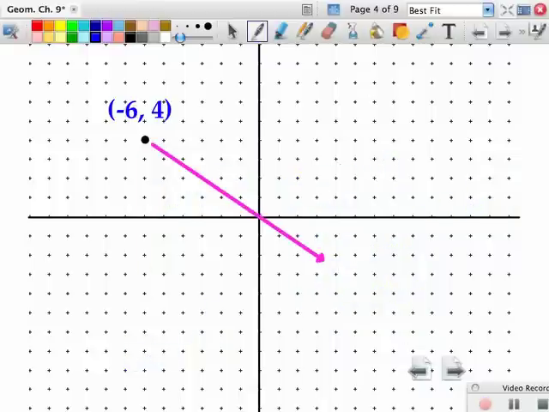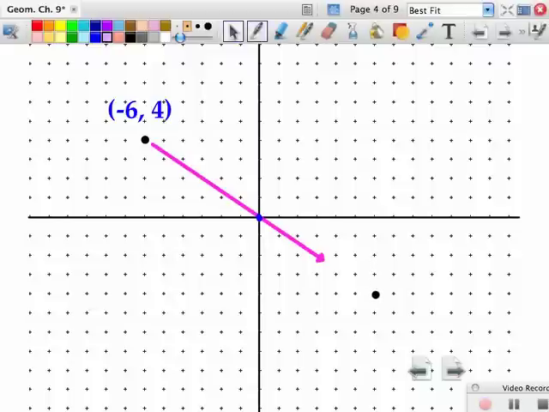Now, origin, which means this point here, if we're reflecting it over there. Well, what ends up happening is we're looking at how far away is this point from the origin, down and over, and repeat that. So, what we do is take that point, and we went down 4 and over 6, so we're going over 6 in the opposite direction, and down 4 again.